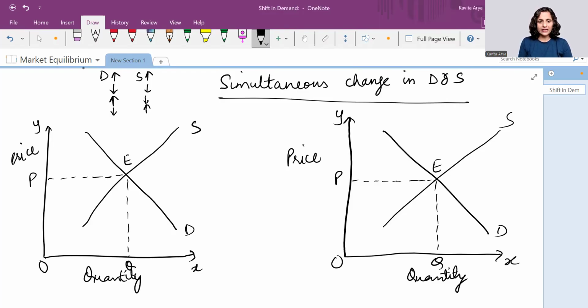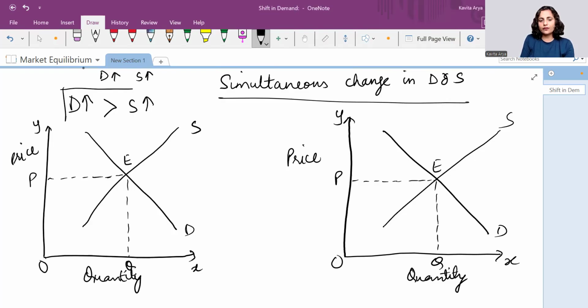So let's pick randomly and say we are talking about the case when both of them are rising. Rising means it's going to be a rightward shift for demand as well as for supply. Now the main question is we have to show three cases here. The first situation is when the increase in demand is greater than the increase in supply.